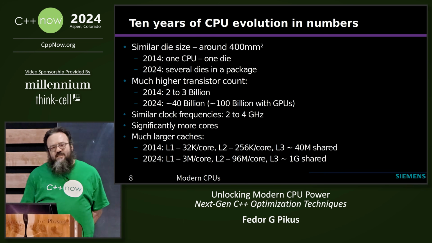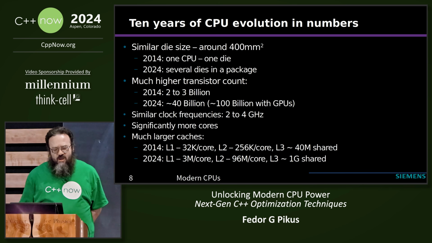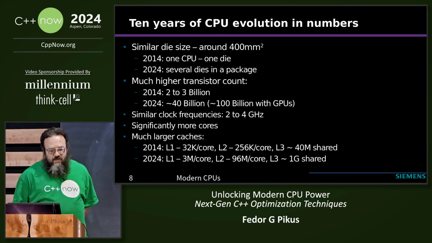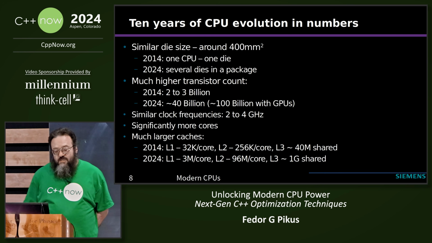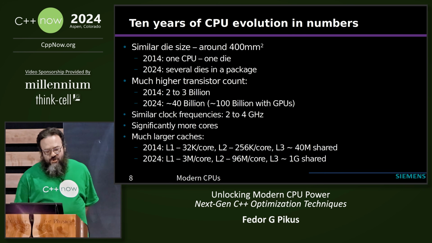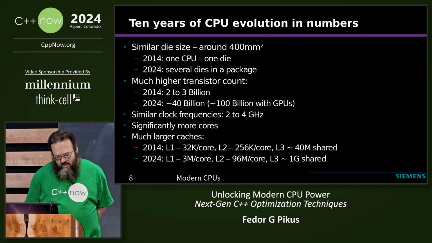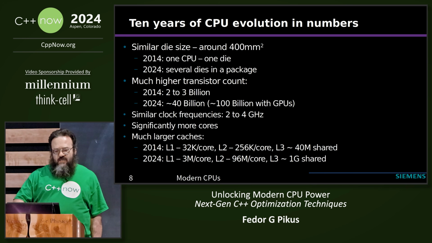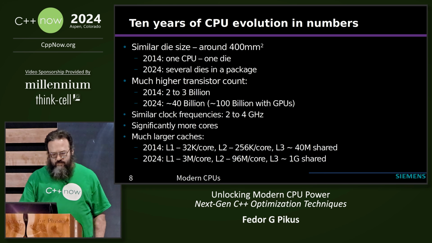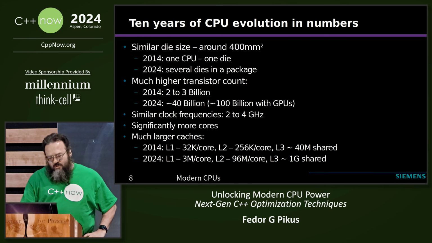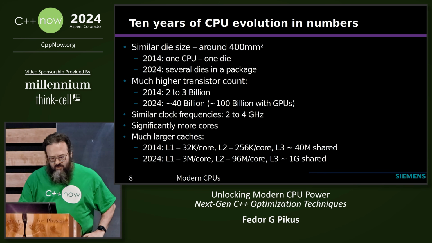Clock frequencies are in the same range. Significantly more cores come with significantly more transistors and much larger caches. So these are the changes we have seen in numbers in CPUs over about 10 years of evolution.